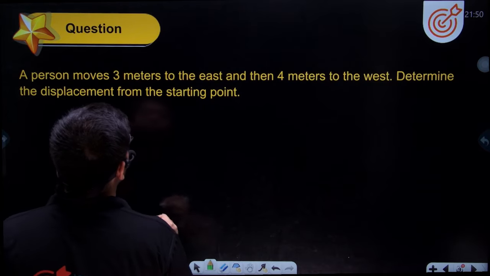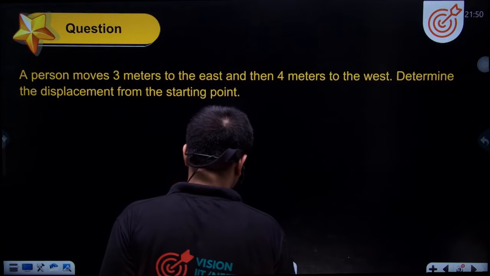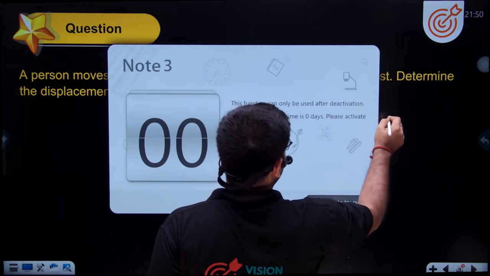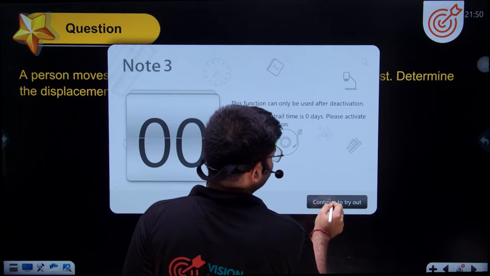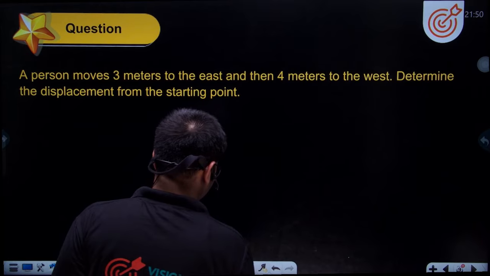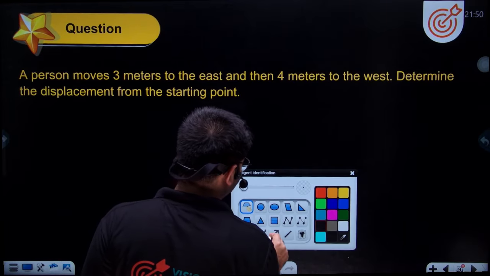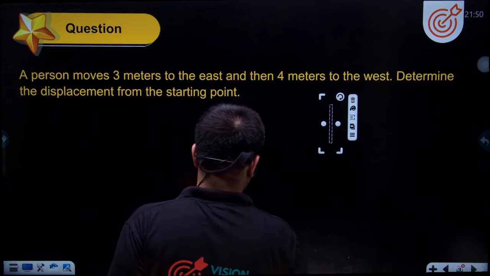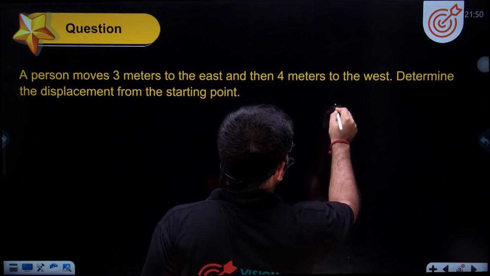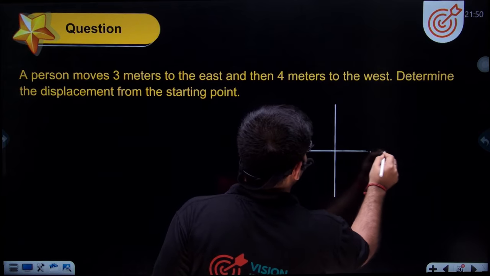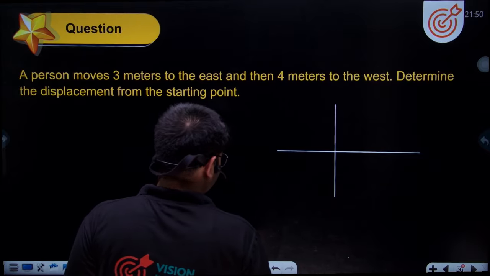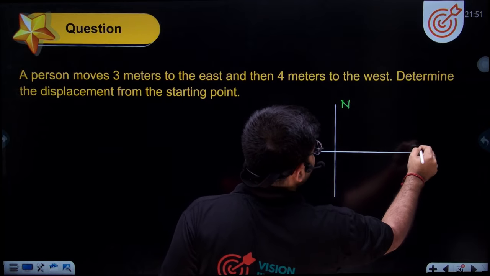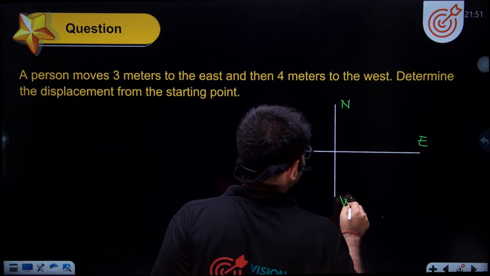So a person moves 3 meters to the east. So we all know the sense of direction here. The sense of direction is, so if I draw, this is my north side, this is my east side, this is my west side.